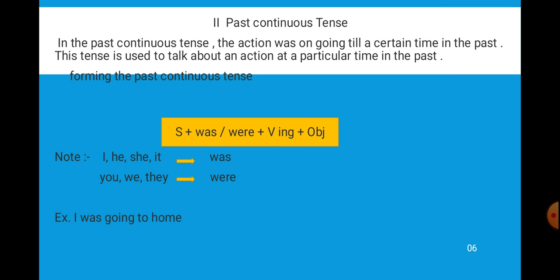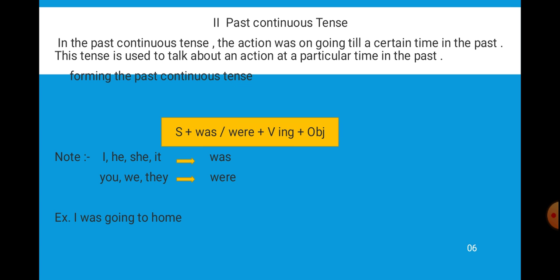Past continuous tense. In the past continuous tense, the action was ongoing till a certain time in the past. This tense is used to talk about an action at a particular time in the past. Forming the past continuous tense: subject plus was/were plus verb ing form plus object.